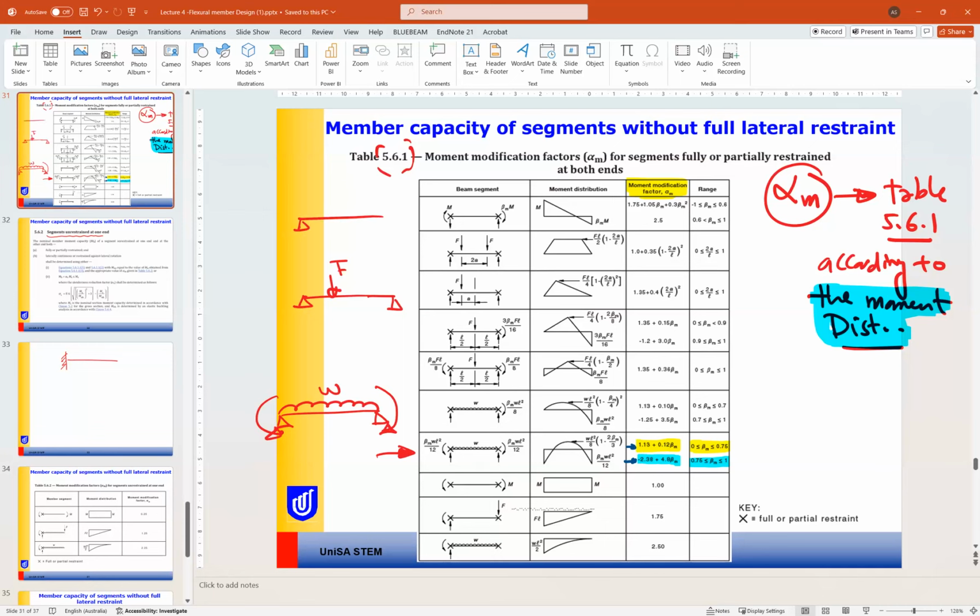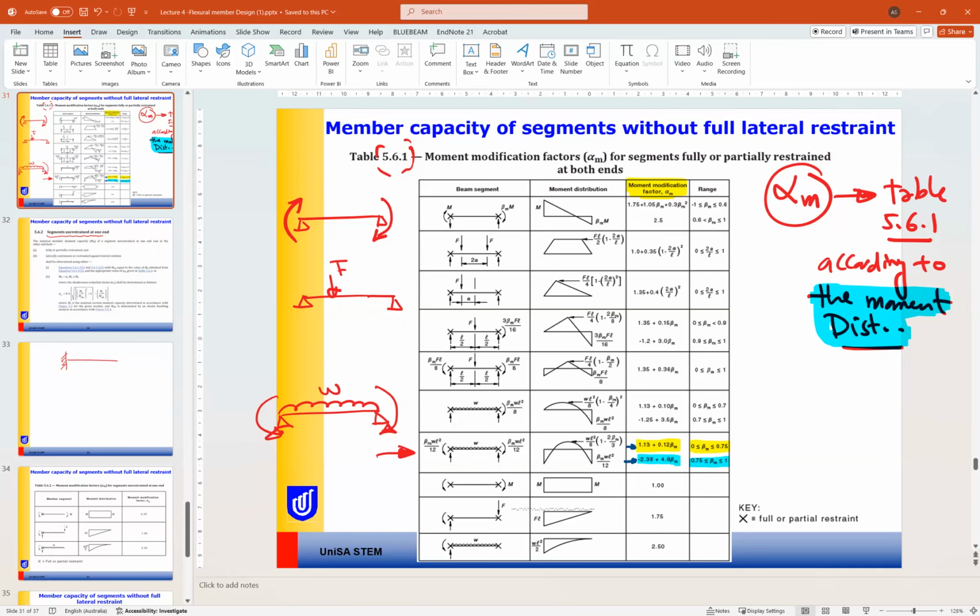Here we have a beam or part of a beam with two moments, one here and one here. What is the arrow?